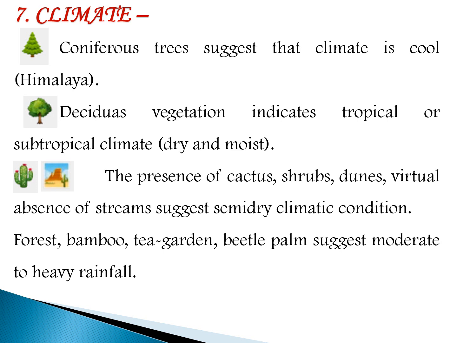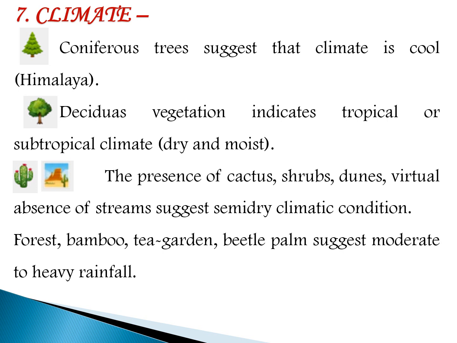Then the last point is climate. Climate you can decide by seeing the pattern of these trees. The climate is tropical, subtropical, whether it is dry or moist. If the trees are coniferous, like these cone-like coniferous trees, that suggests there is a cool climate, like in the Himalayas and cold countries, like Christmas trees.